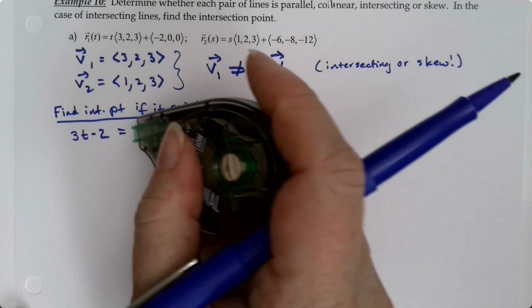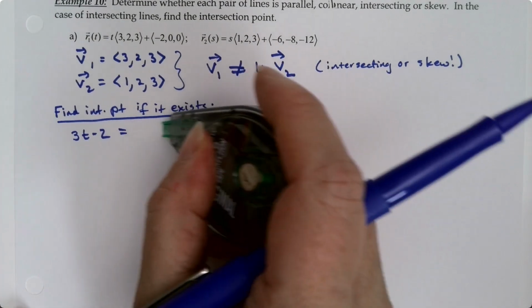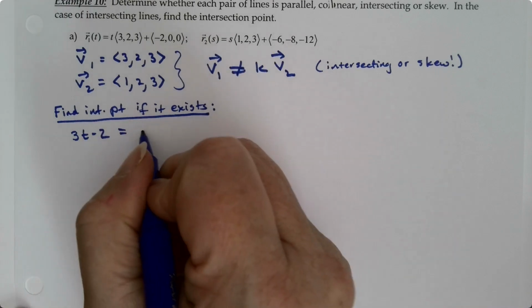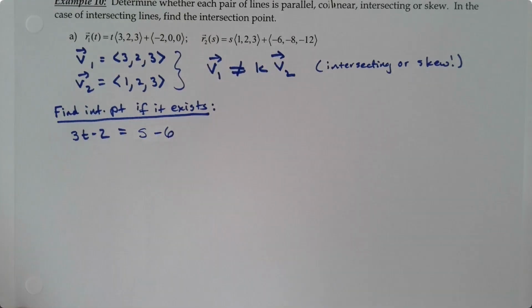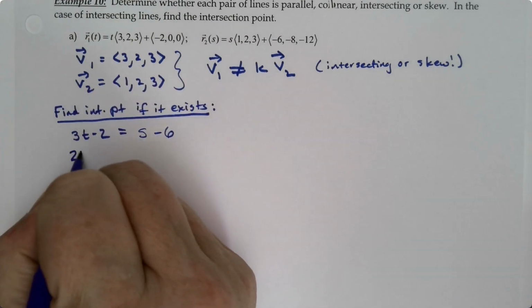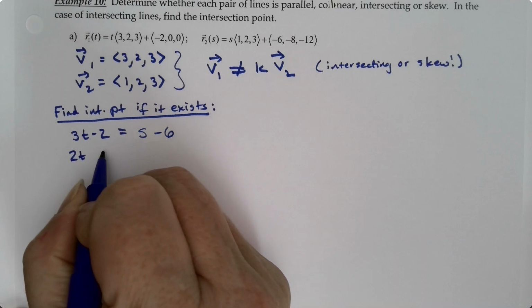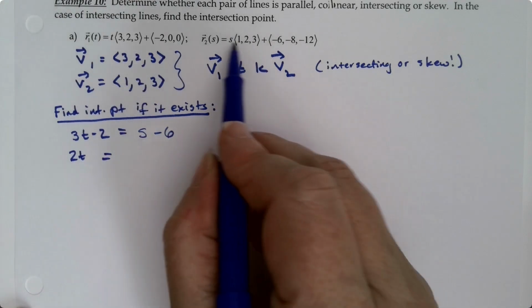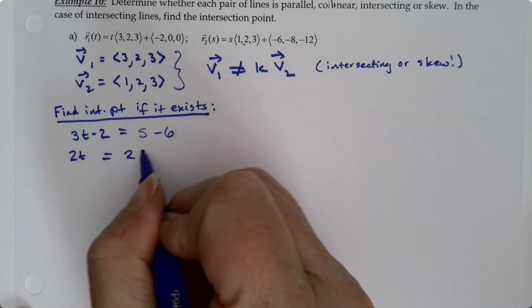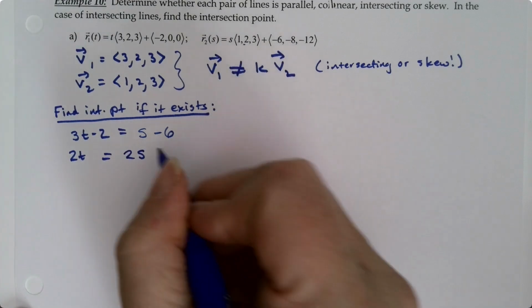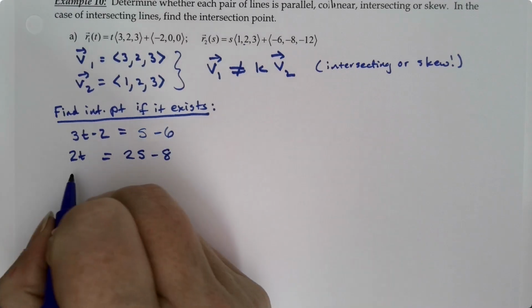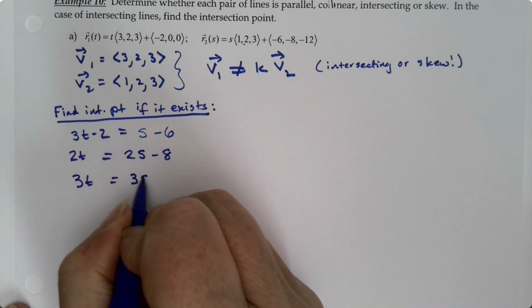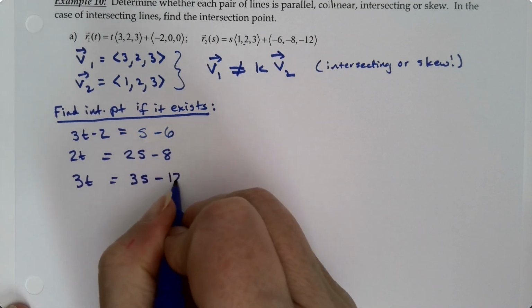Sorry, I read that wrong. I don't have my glasses on, so it's my own fault. Similarly, 2t plus 0 would be equal to 2s take away 8. And 3t would be equal to 3s take away 12.